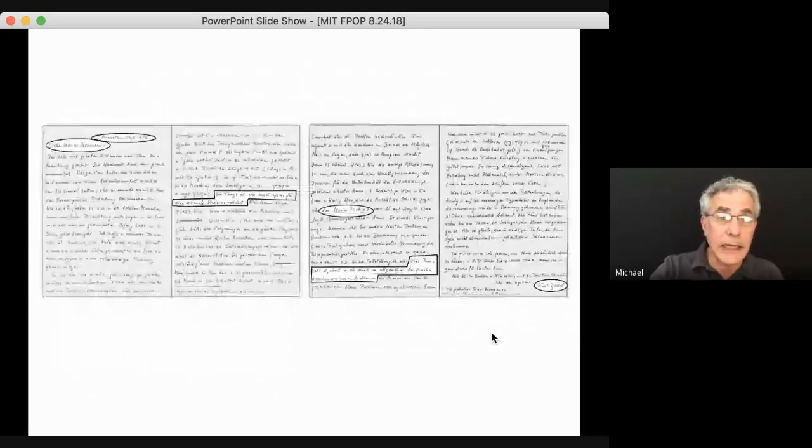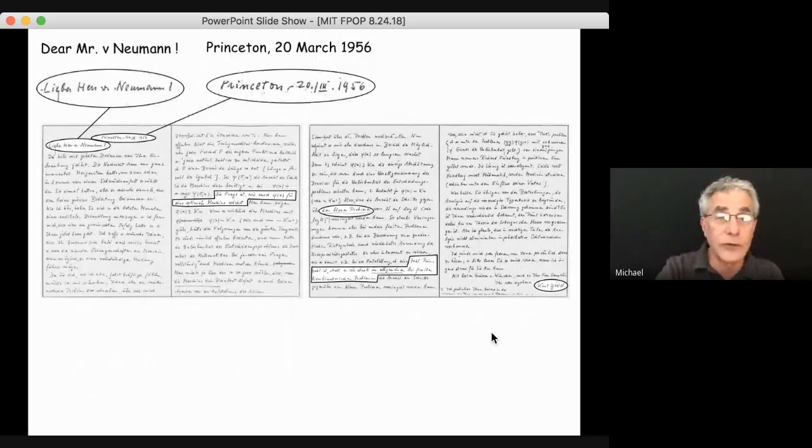Now, getting back to that letter briefly, here are a few of the phrases from that letter. Gödel is writing to von Neumann. He says, "Lieber Herr von Neumann," which in English is "Dear Mr. von Neumann," written here in Princeton, 20th of March, 1956.